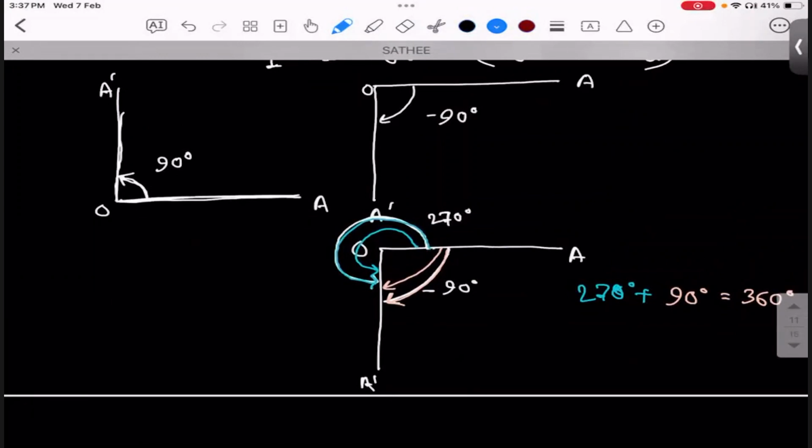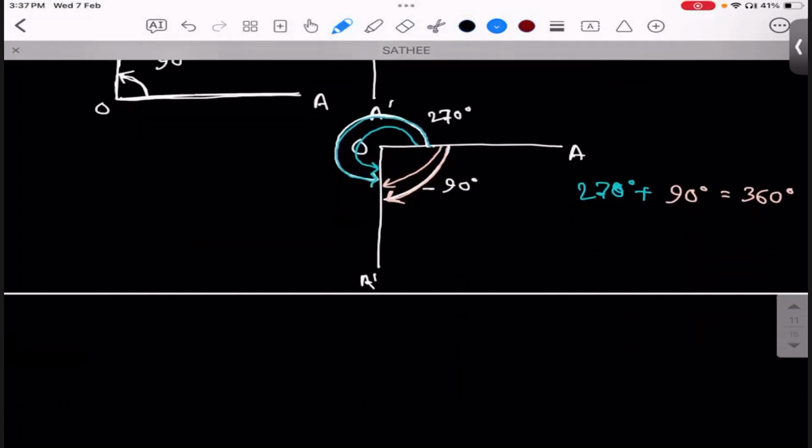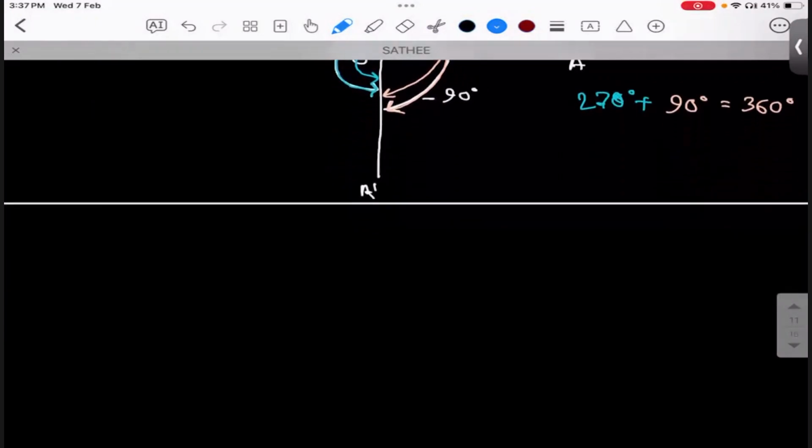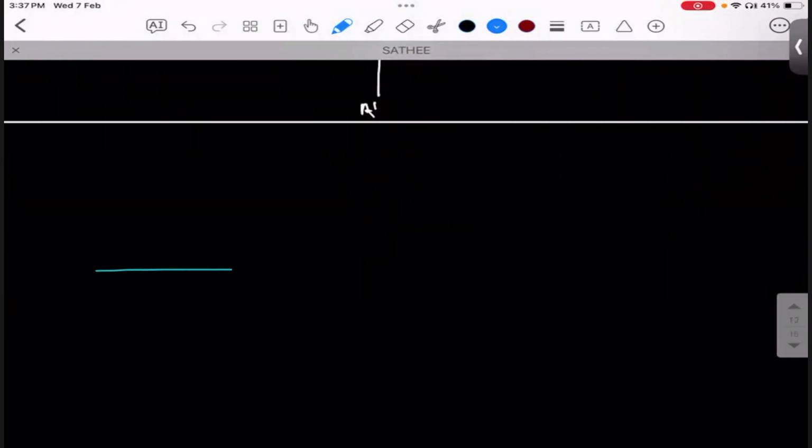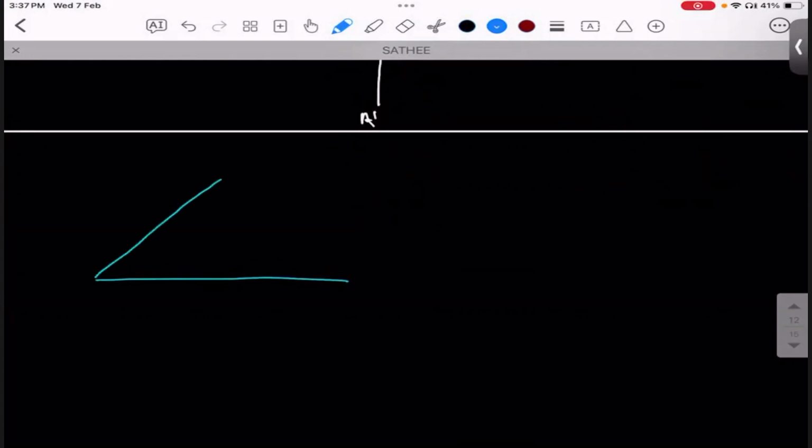Now let us see a few more examples. There is another example you can see in your NCERT book, that is this example. If I say this is our initial state and this is our terminal state, we can measure that this angle is 60 degree.